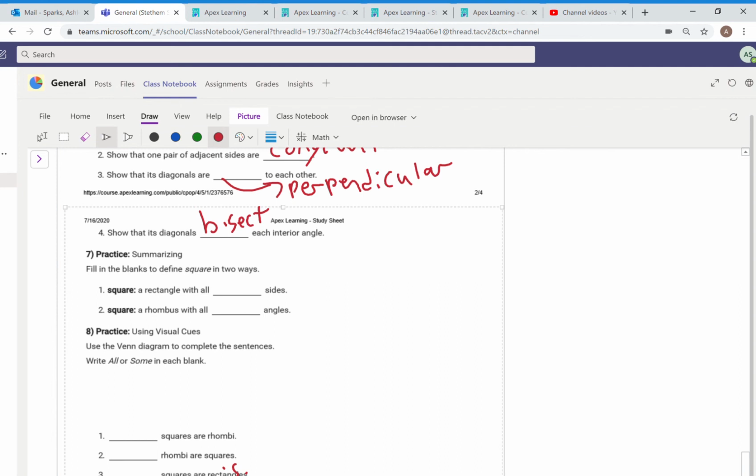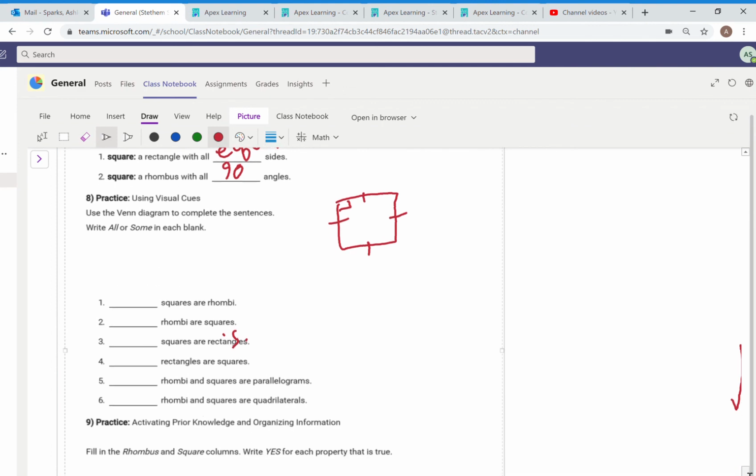Finally, we have squares. Squares are rectangles with equal sides, or you can think of them as a rhombus with 90-degree angles. Square, and equal sides. Okay? All squares are rhombuses.